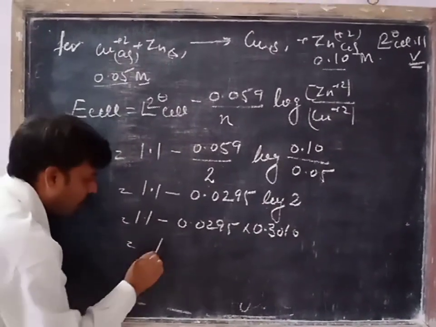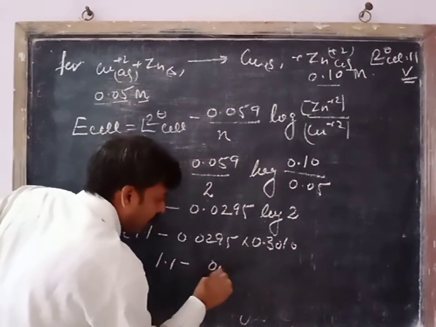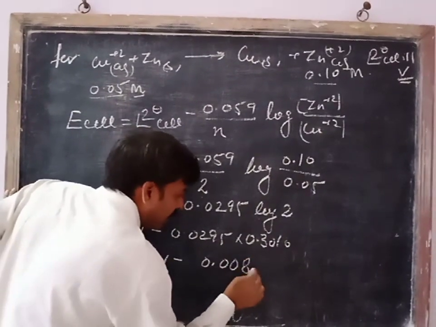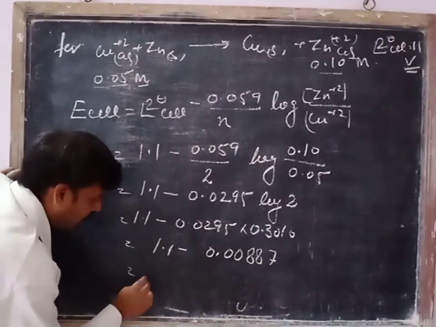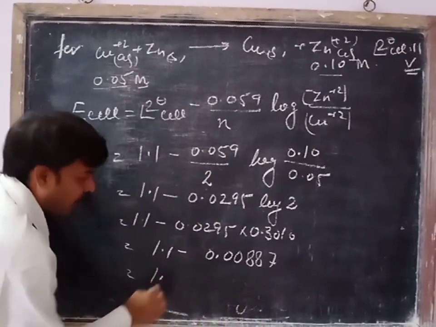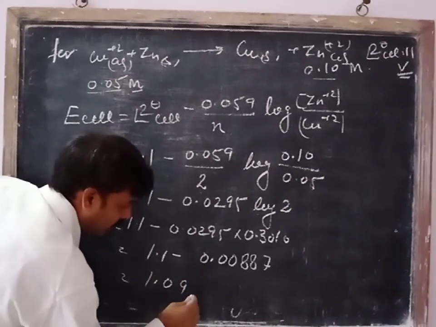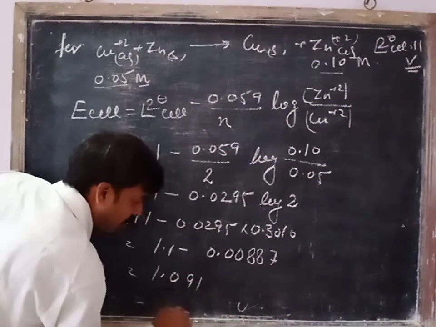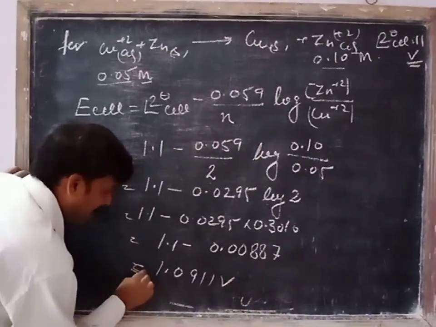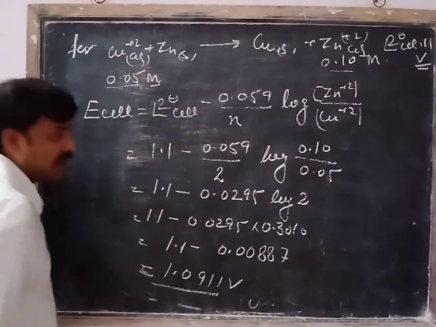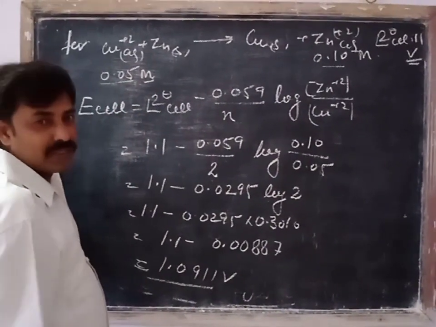That equals 1.1 minus, by multiplying, 0.00887, and when you solve it, it will be 1.0911 volt approximately. And this is the value of E cell for that given cell reaction.